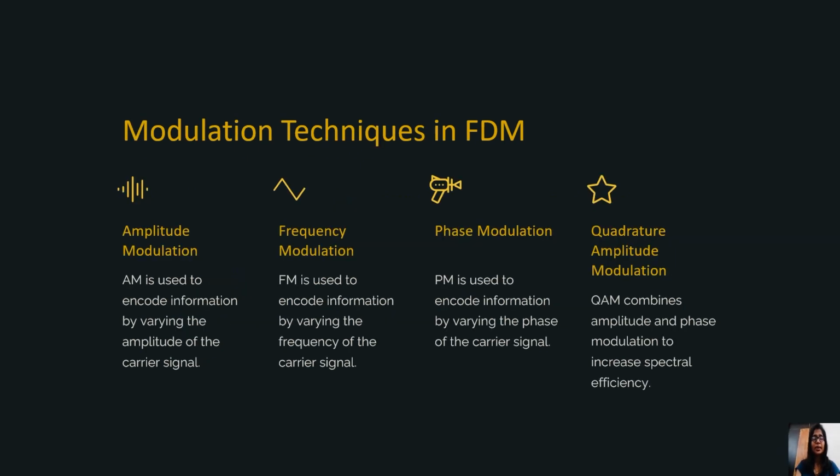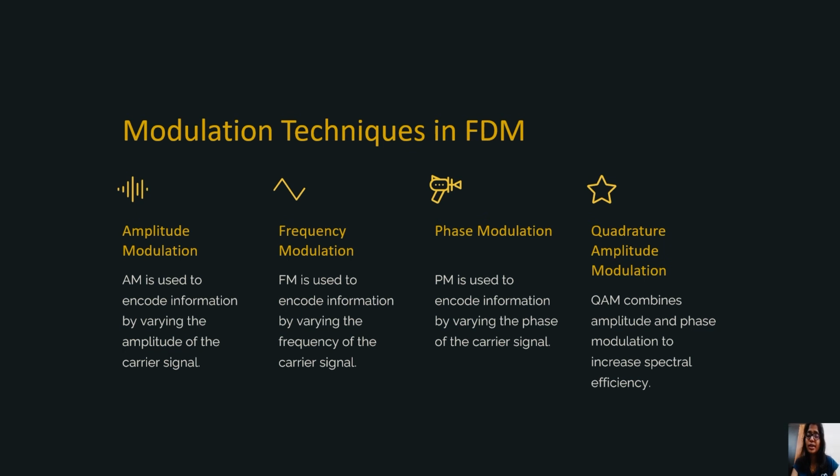So next we'll see modulation techniques in FDM. There are four different types of modulation techniques in FDM: amplitude modulation, frequency modulation, phase modulation, and quadrature amplitude modulation. First one, amplitude modulation, is used to encode information by varying the amplitude of the carrier signal. Second one, frequency modulation, is used to encode information by varying the frequency of the carrier signal.